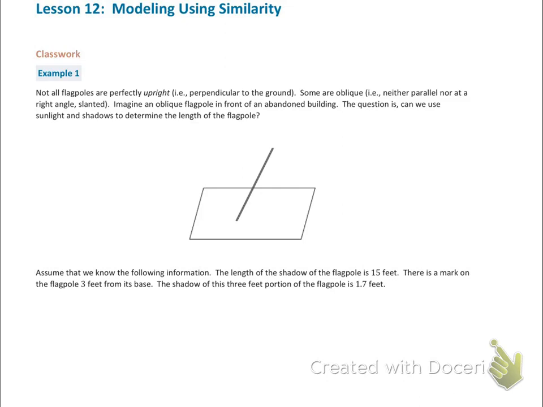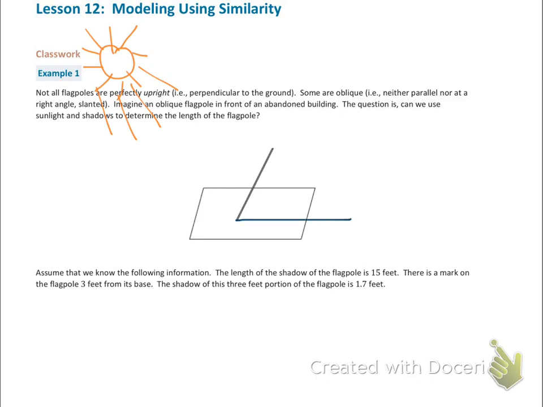So if we draw some things on the ground here, we could draw the shadow of the flagpole. If the sun is up here in the sky, and is shining down like so, then we've got a situation where the shadow is going to be coming out this way.